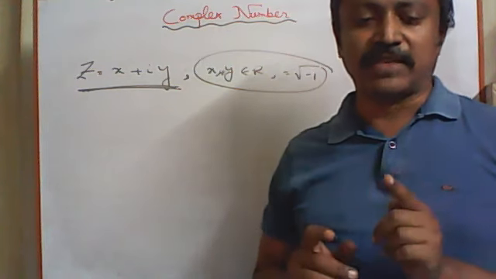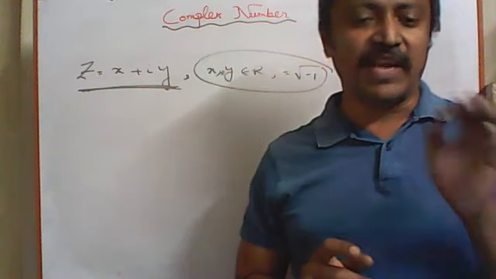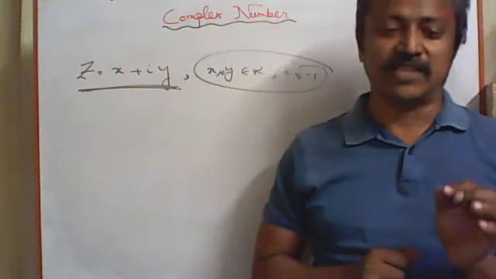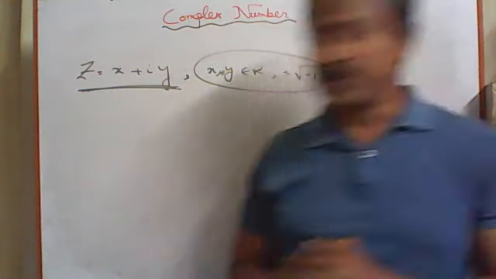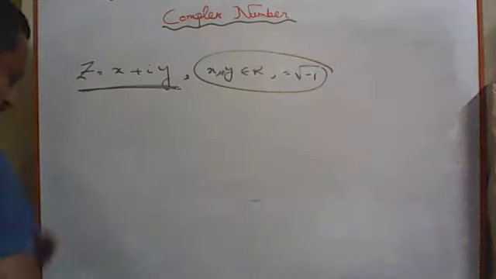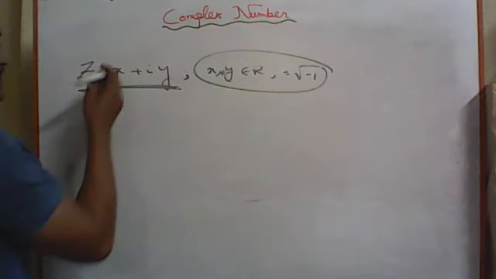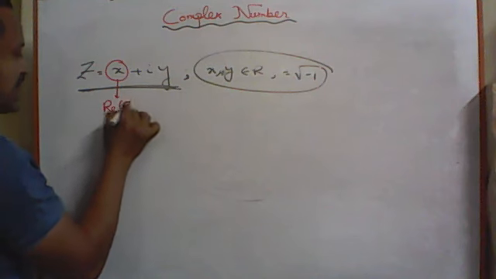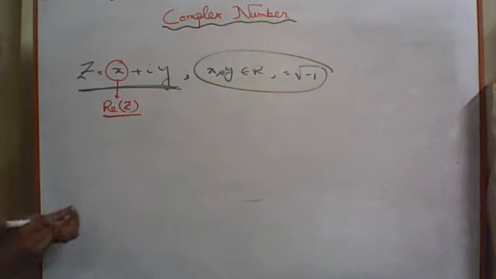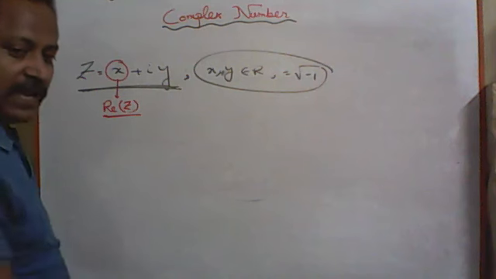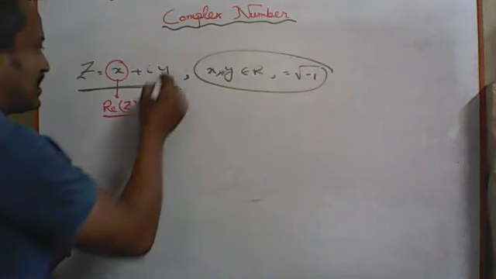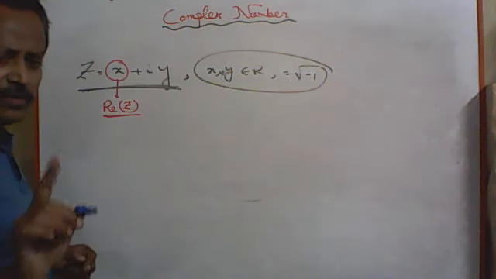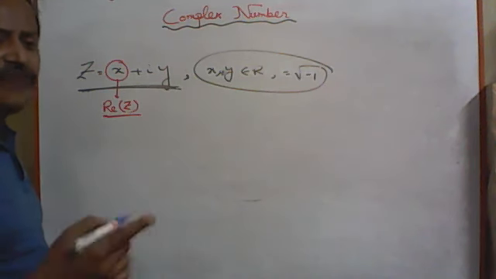So for any complex number, there will be two parts, one real and one imaginary part. Now, what is the real part of this complex number, and what is the imaginary part? Here, this x is the real part of the complex number. So we'll denote this x as Re of z, that is the real part of z. And what is the imaginary part of z? Anyone can say this iy is the imaginary part. No, not at all. Because i is the imaginary factor.